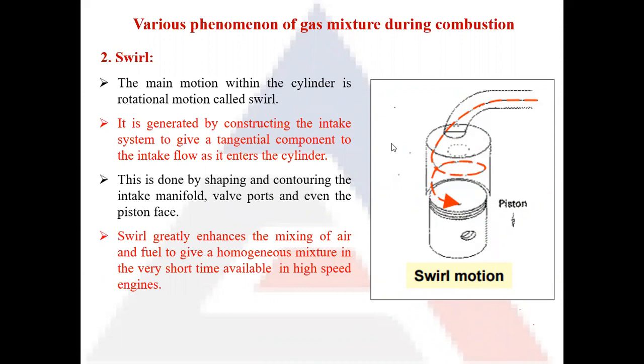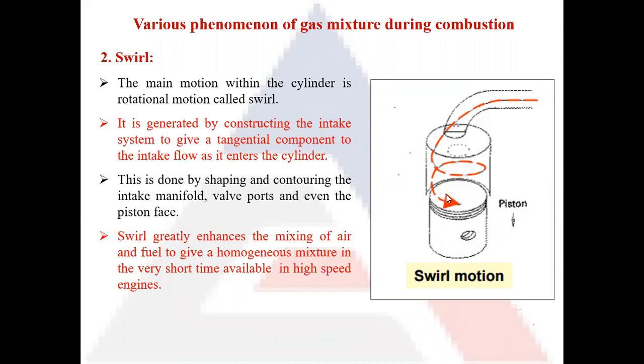So this is achieved by designing or constructing the intake system in such a way that the air or air fuel mixture that is entering inside the combustion chamber gets a tangential component. Okay, now this is done by shaping the contours of your inlet valve in such a way that the air that is entering gets a tangential component. Now this tangential component helps to achieve this circular motion of air.